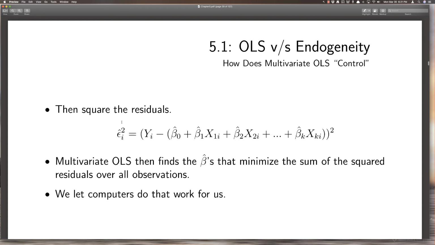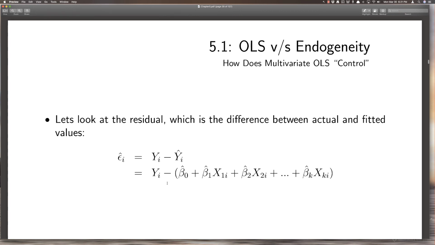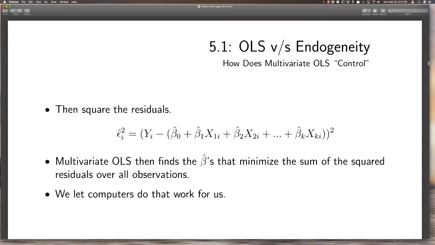So then we need to square it, because it's the sum of the squared residuals. So this is just squaring the residual. I just took this expression for the residual, and now we are squaring it right here. That's this outer parentheses here, the parentheses that's here and here, that's what's squared.